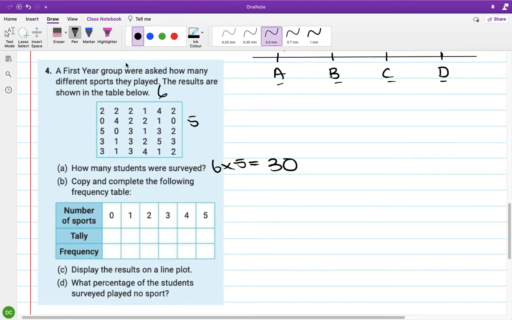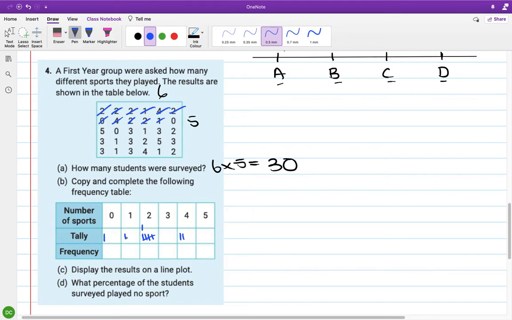Copy and complete the following frequency table. Right, so the way you do this is 2, 2, another one, 1, 4, 2, a 0, 4, 2. Got that one today. Another 2. Start here.